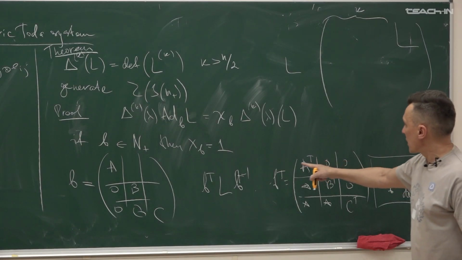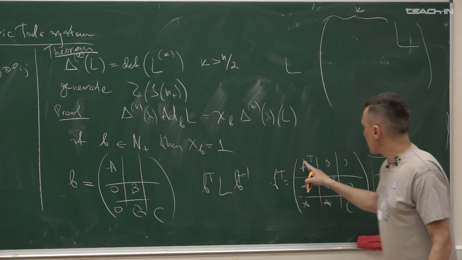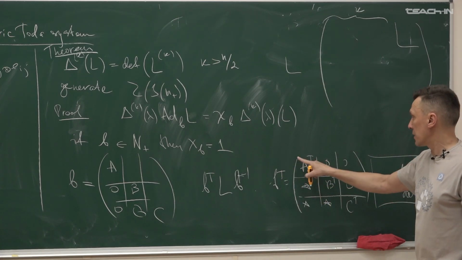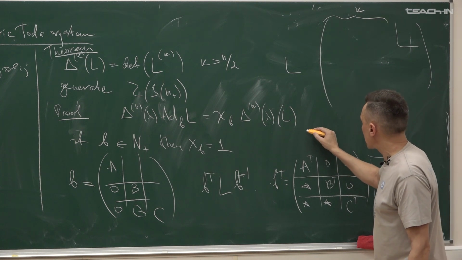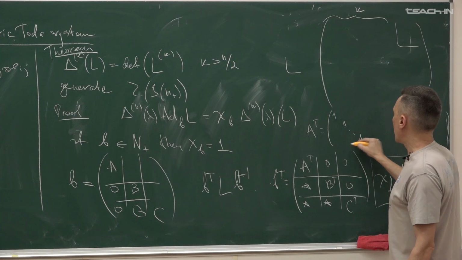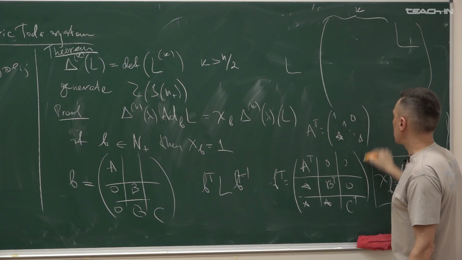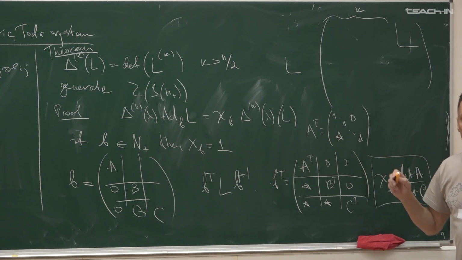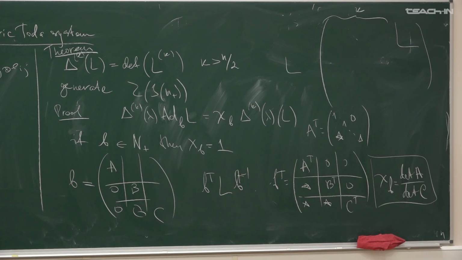So if we consider the nilpotent element, here we have not unit matrices, but the matrix A transposed is 1, 1, 1, something here, something here. So its determinant is 1. For the exponential of the nilpotent matrix, this group element has determinant 1.